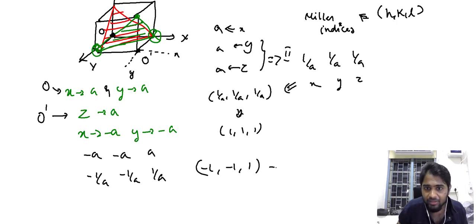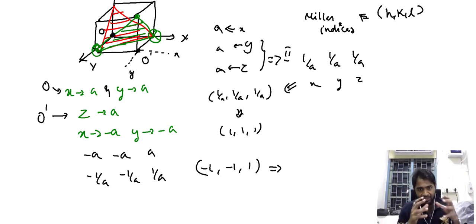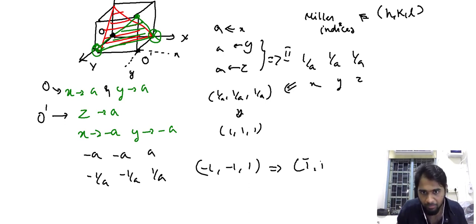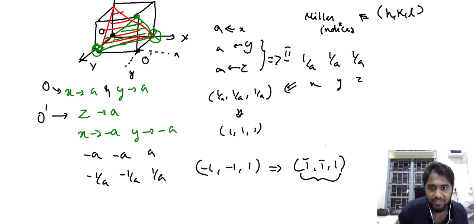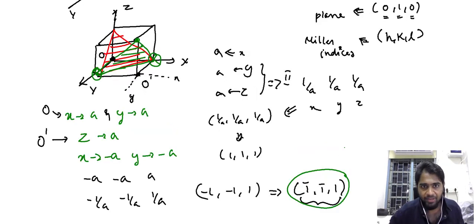And ultimately, when a minus is associated with the Miller indices, it is represented by a bar on top instead of the minus. So 1 bar, 1 bar and 1. So this represents the plane in green.